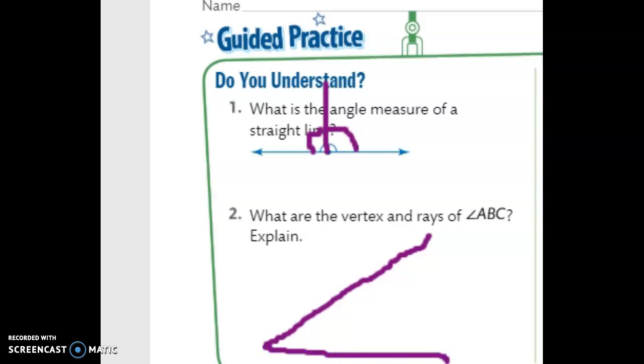Then I'm going to come in and I'm going to label angle A, or ray A. Add my arrows here.